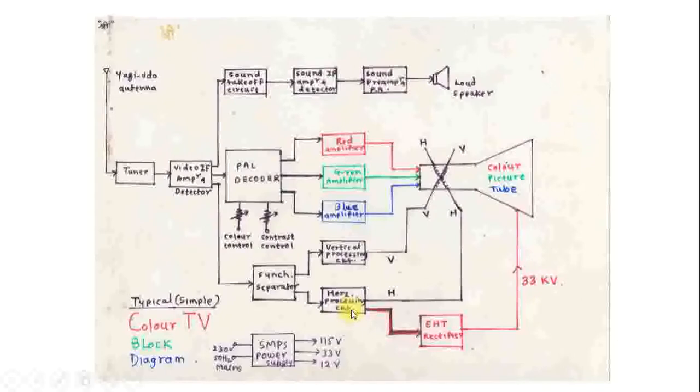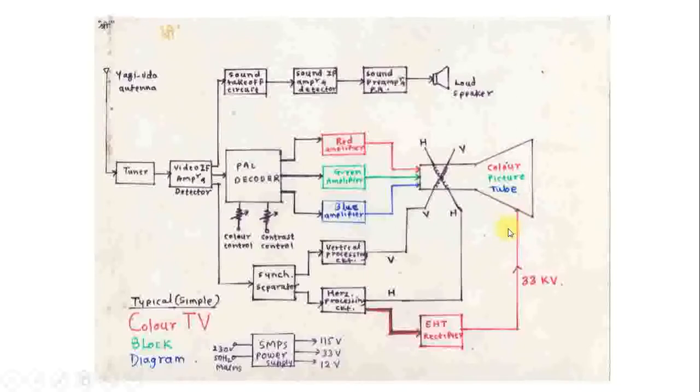From the H oscillator itself, this signal is taken and given to the EHT rectifier. If it is a 25-inch television or more than that, then 33,000 volt DC is required as a final accelerating anode and given as an EHT constant DC supply to this color picture tube.